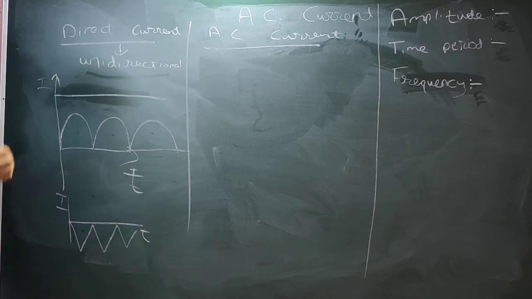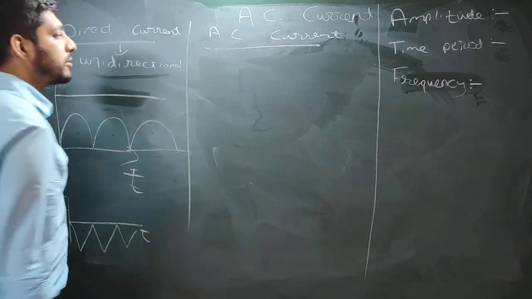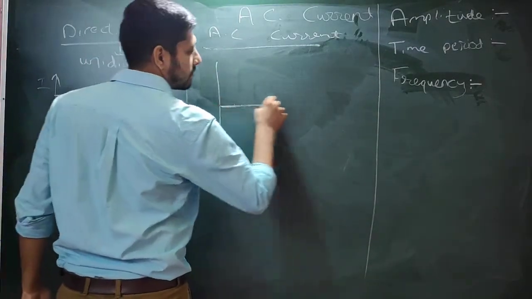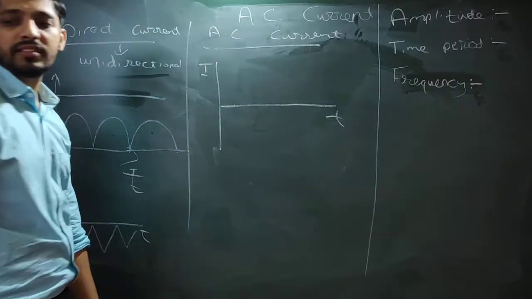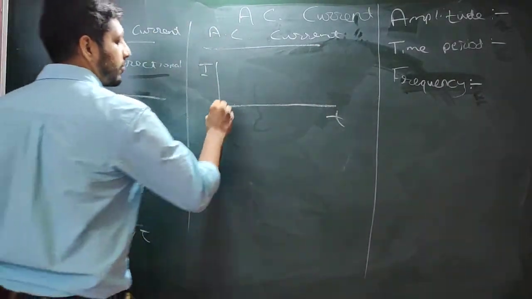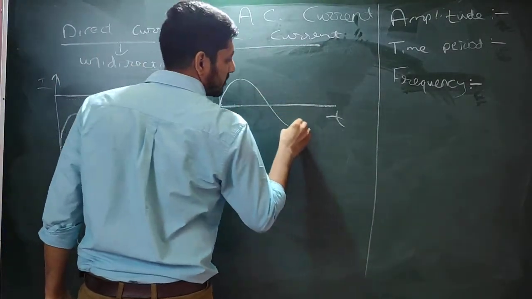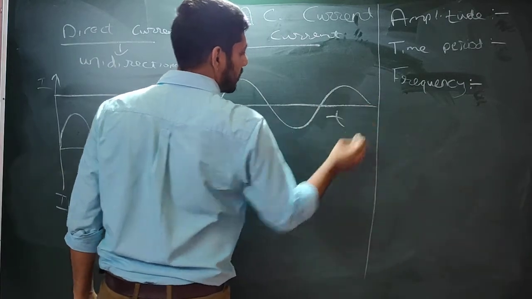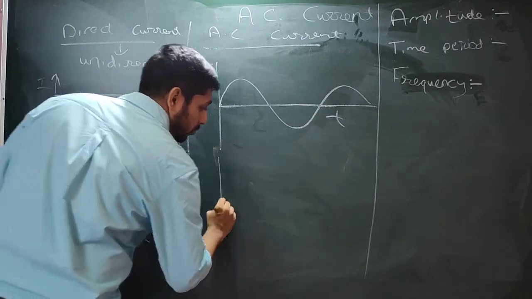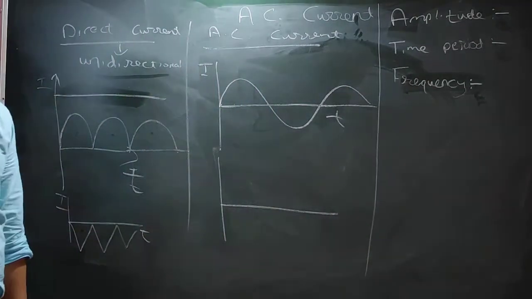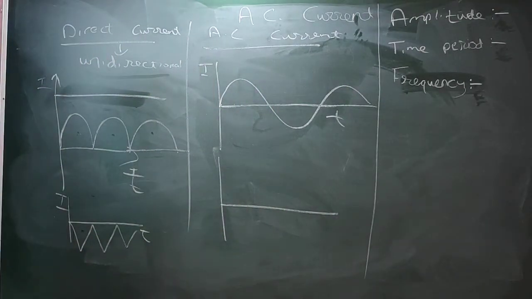Whereas now if we compare to AC current, what happens? It will change its direction. After every cycle, once it will be positive, then it will be negative, then again it will be positive. It may have constant magnitude, but it may also change the value. It may change the direction.